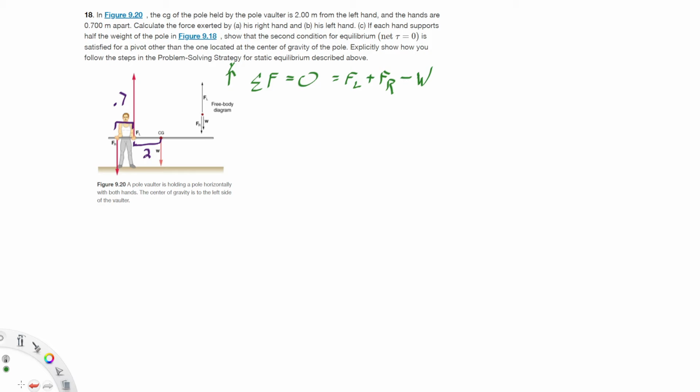Because if the sum of forces were not 0, then it would only be temporarily stationary, and we would be accelerating somewhere, and the pole would immediately start moving. So if we are in a steady equilibrium, position is the same, velocity is the same, then there's no net force. Does that answer your question better, Casey?